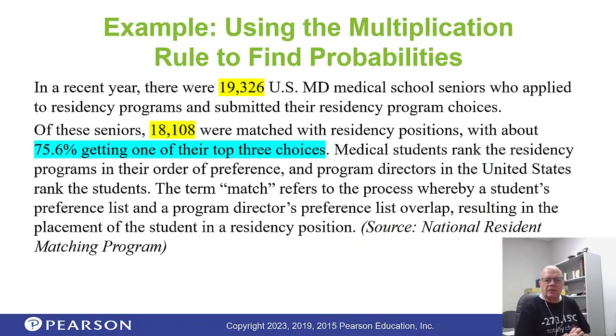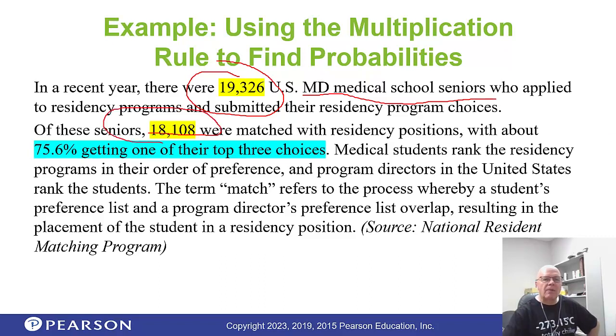All right, let's talk about medical school for a moment. We've got 19,326 medical school seniors. So they're ready to be doctors. So I'll get to their residency at least. Of these seniors, 18,108 were matched with residency positions.